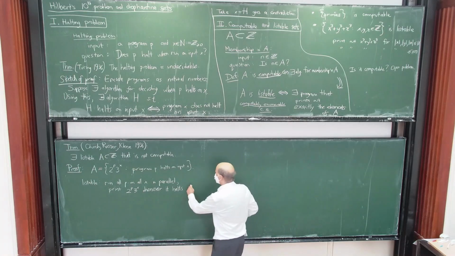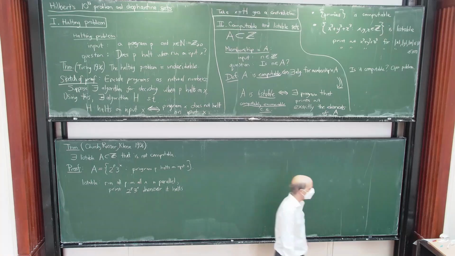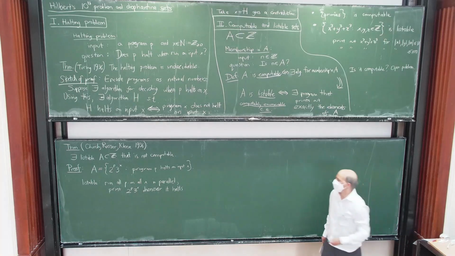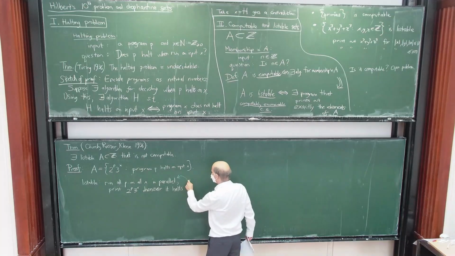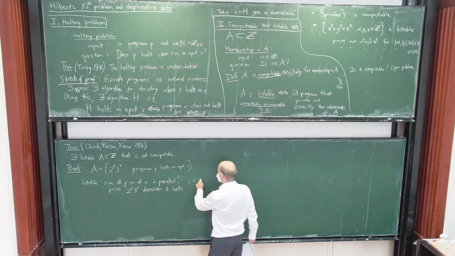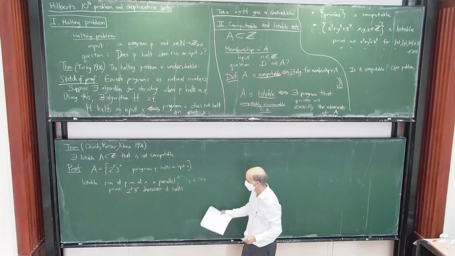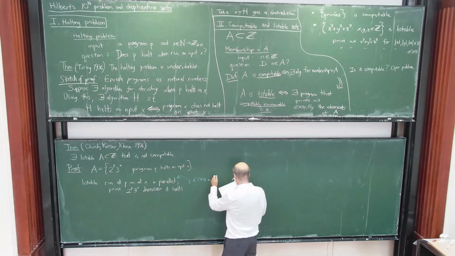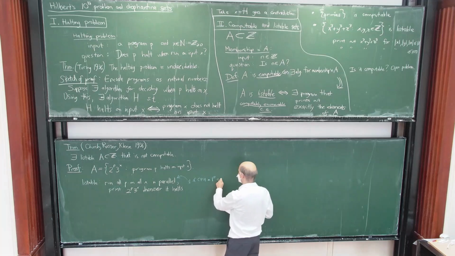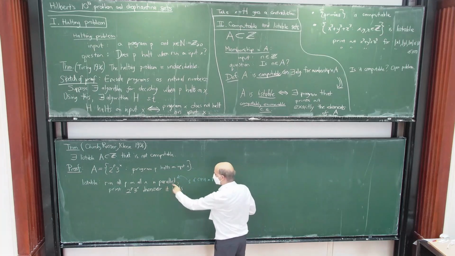So what do you do? You spend half of the CPU cycles on the first task, on running program 1 on input 1.